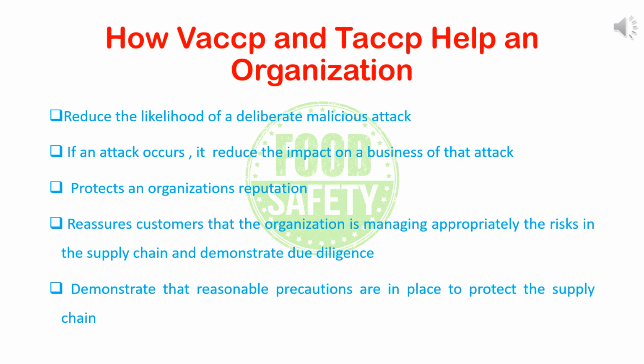They protect an organization's reputation. They reassure customers that the organization is appropriately managing the risk in the supply chain and demonstrate due diligence. They demonstrate that responsible precautions are in place to protect the supply chain.